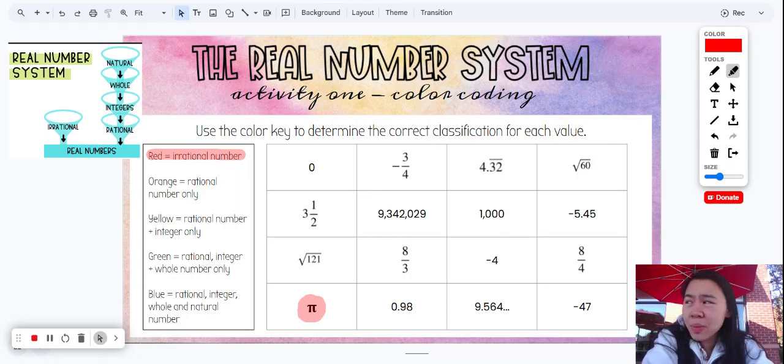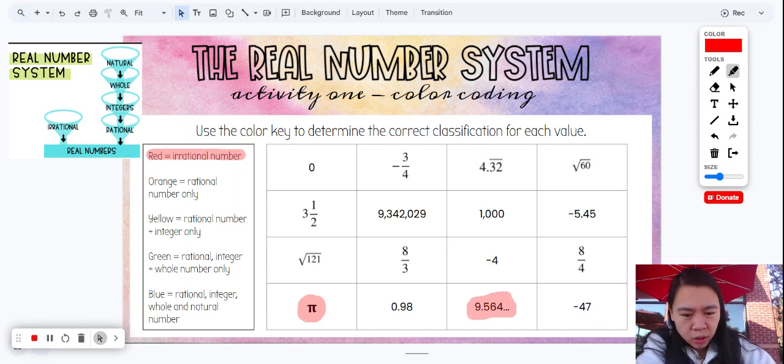That's what makes pi really, really cool, is that it goes on forever and there's no pattern. It keeps popping up in real life, dealing with circles, which is just wild. Pi is a natural phenomenon. And then also this decimal right here, you see that dot, dot, dot, that means it goes on forever. So those are our irrational numbers that I see right away.